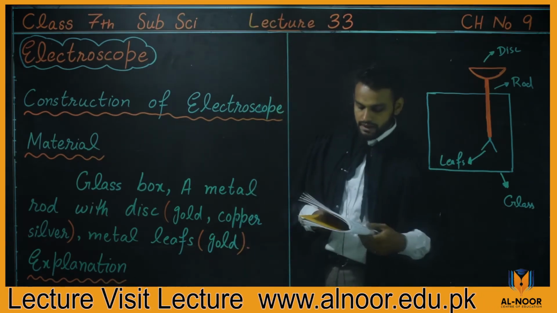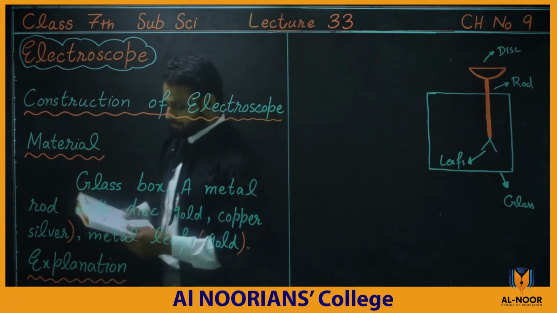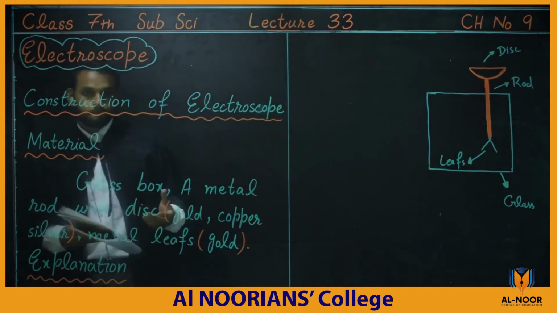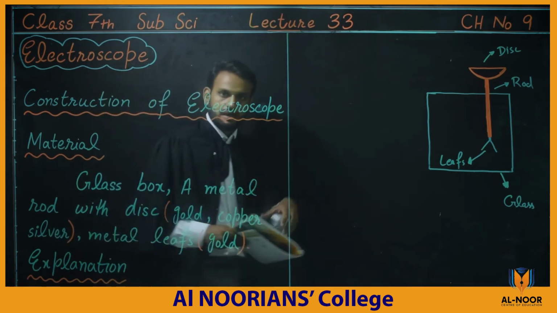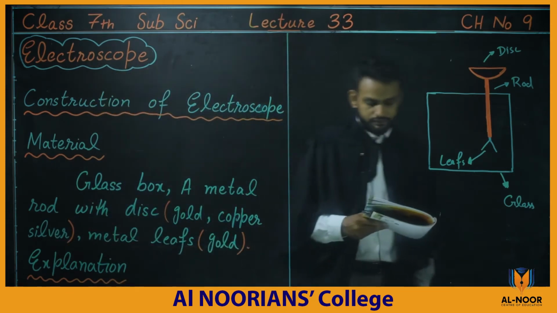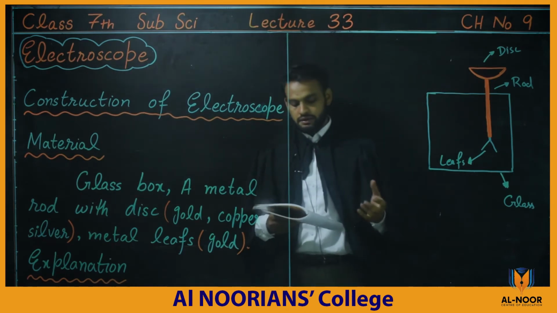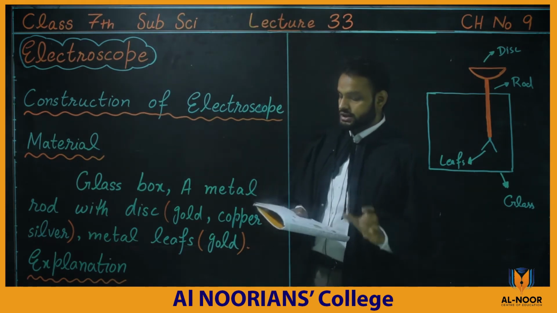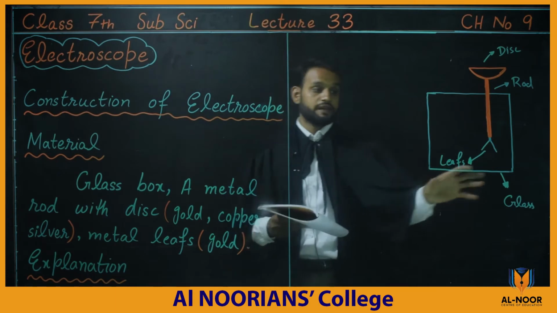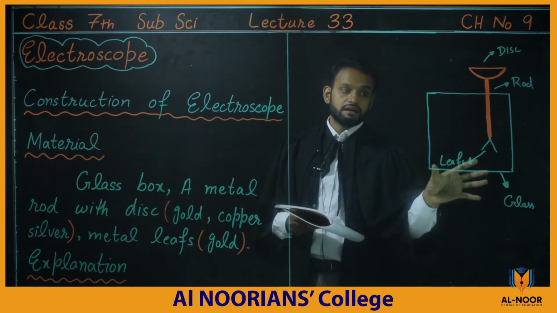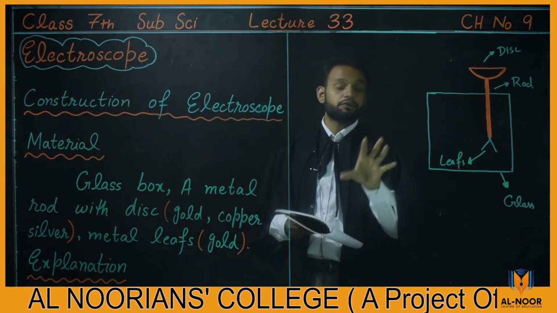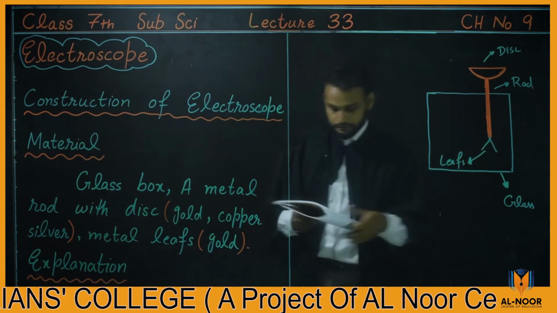The metal strip can be copper, brass and gold. Brass also, silver also. The lower end of the rod and the leaf are enclosed in a glass box for safety from external electrical field.